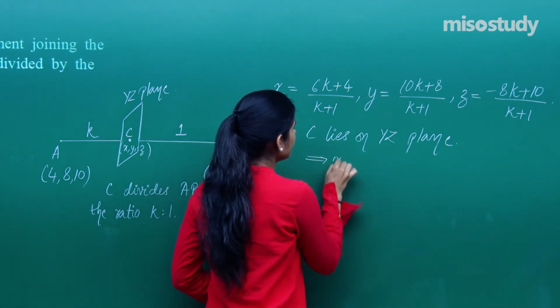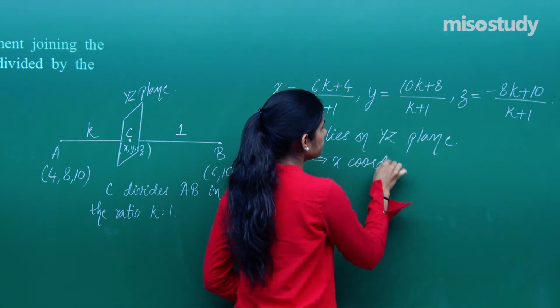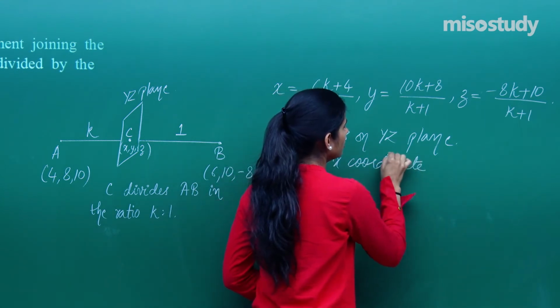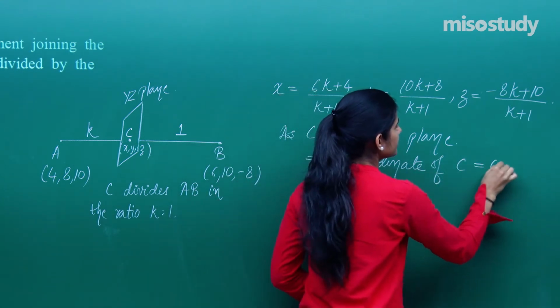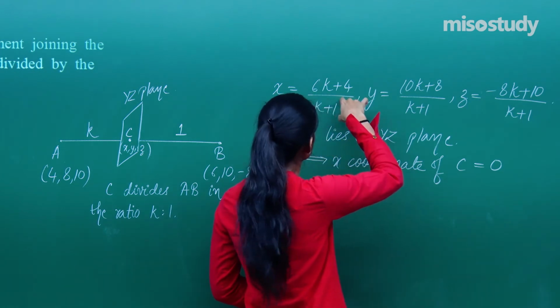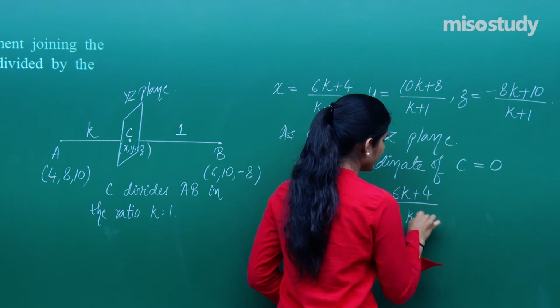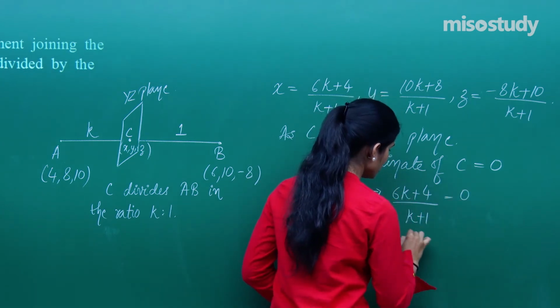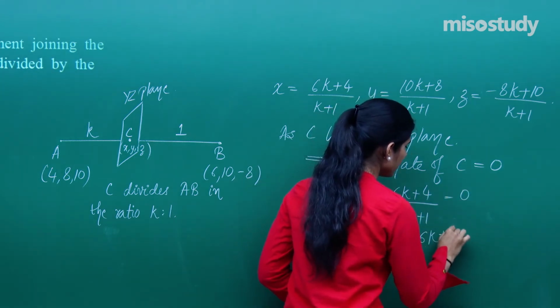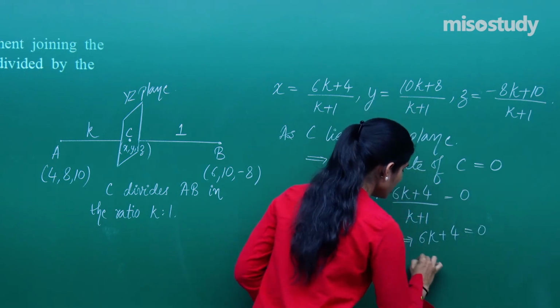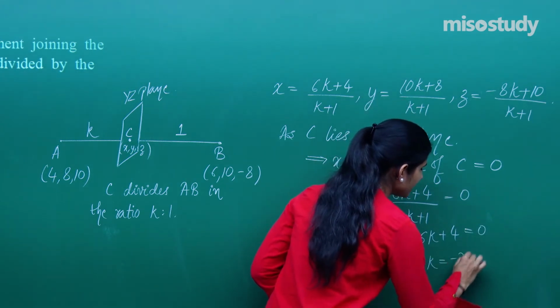X coordinate of point C is 6k plus 4 upon k plus 1, which is 0, which implies 6k plus 4 is 0, which implies k is minus 2 by 3.